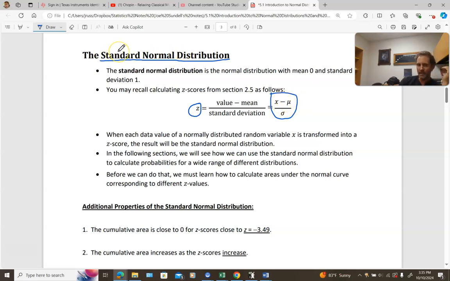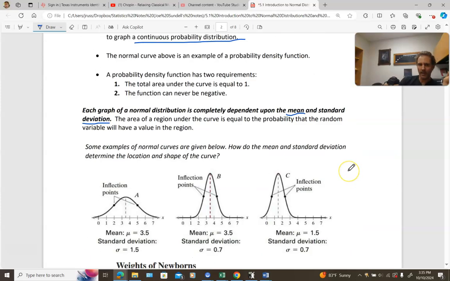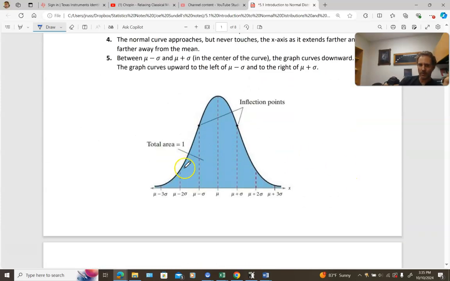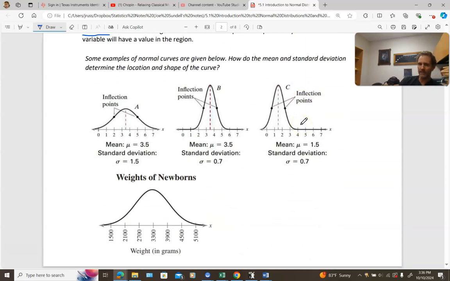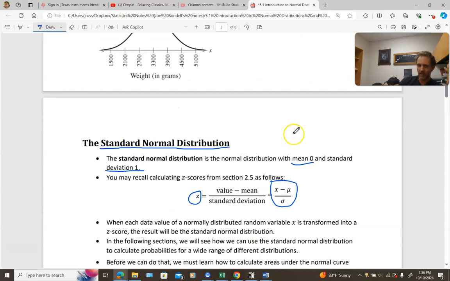So, what is the standard normal distribution? Well, it's a distribution in which the mean is 0 and the standard deviation is 1. And that very first one that we saw, this is a standard normal distribution. If we let the mean be 0, and if we let sigma here be 1, okay? So, the actual raw data itself is probably not going to have a mean of 0 and a standard deviation of 1.